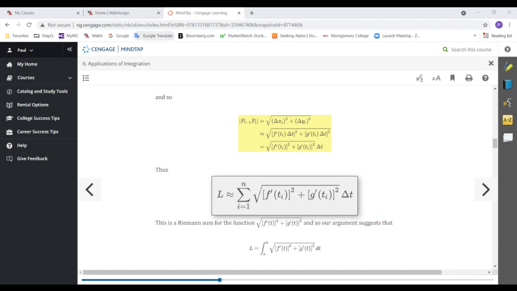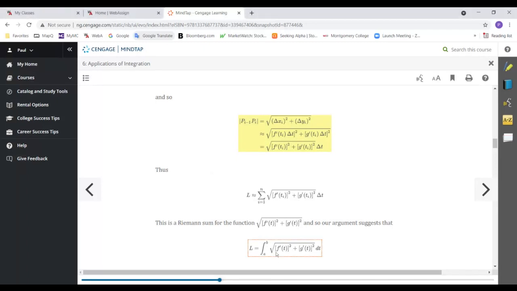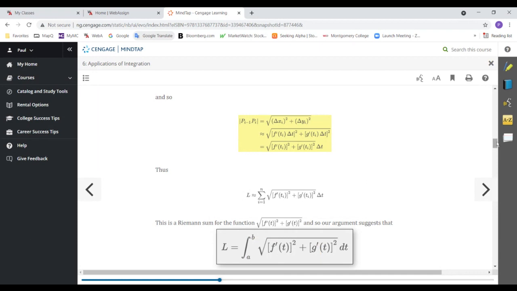So in order to get the exact length of the arc, what do we have to do with n? We have to let n go to what? N goes to infinity. That's right, Maria. And hence you get an integral with respect to t. There you go, and that is how you find the arc length.